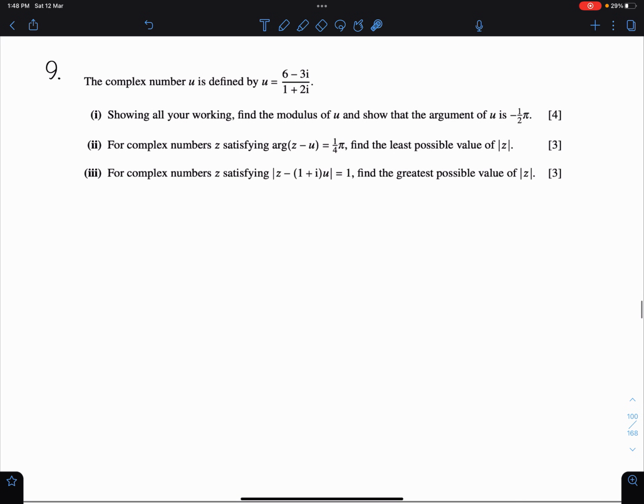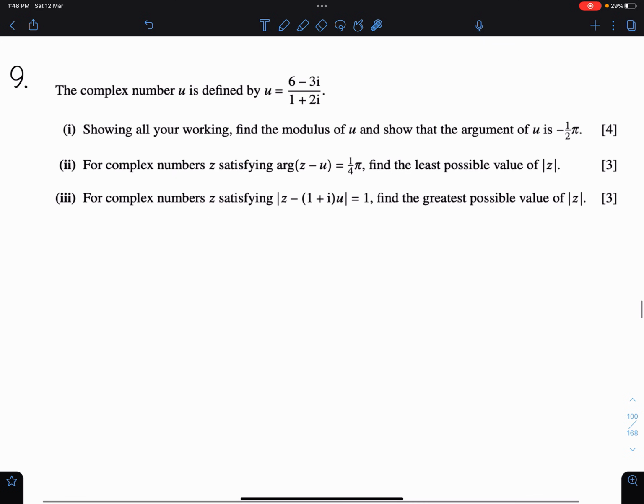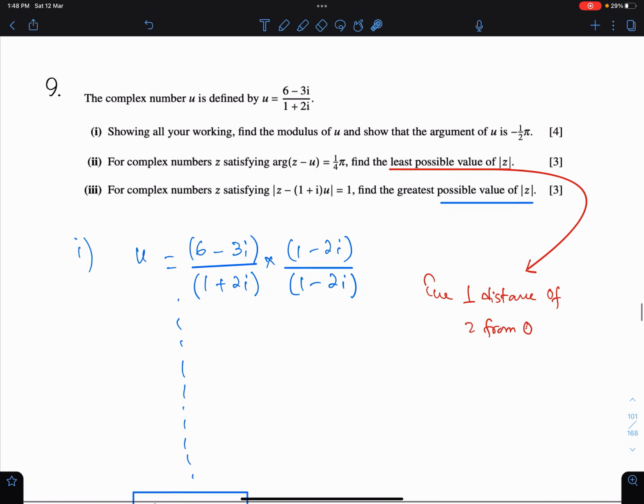The next example question. Question number 9 from my practice book. The first part of this question: find the modulus and argument of u. To find the modulus and argument of this complex number, first we need to rationalize it.